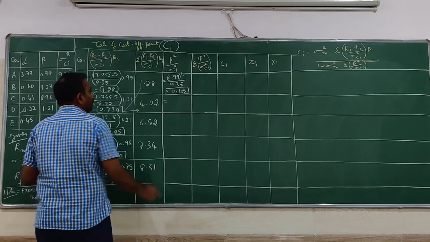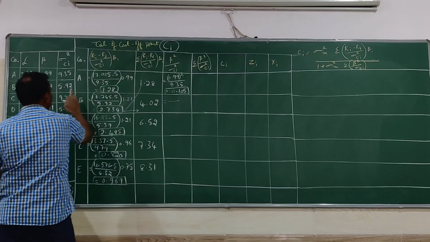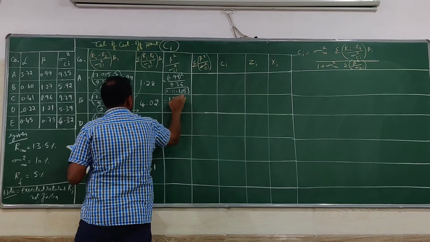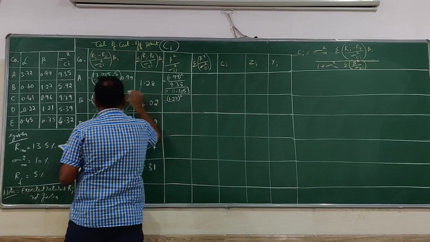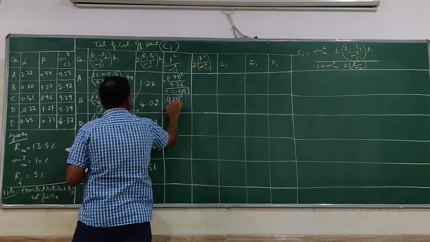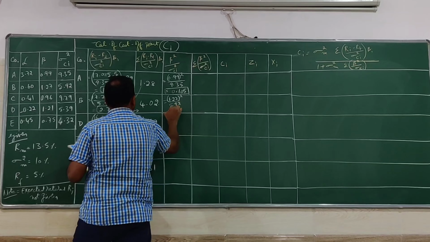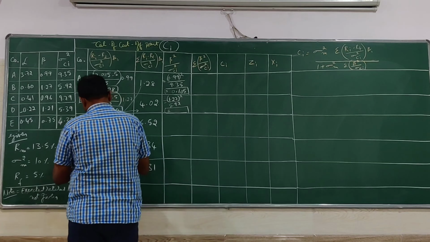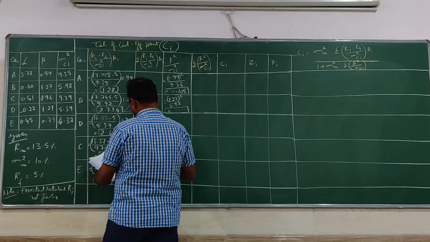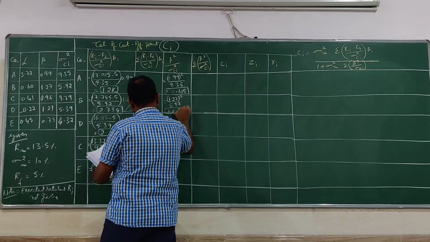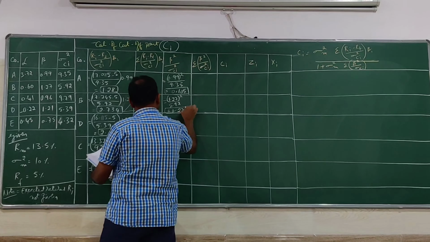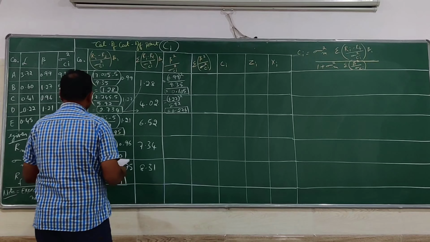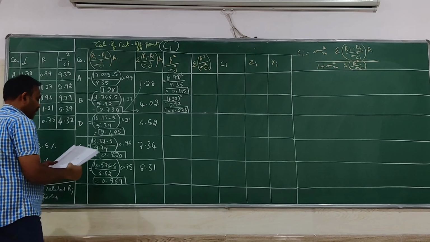Like that we have to go for substituting carefully for every security. Beta square 1.27 square divided by unsystematic 5.92. We are going to get here 0.276. So like that we have to find for all the securities one by one.